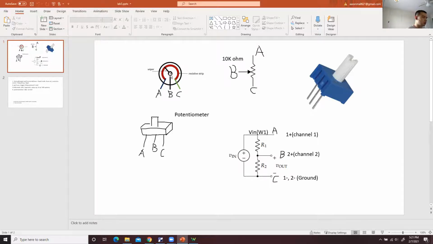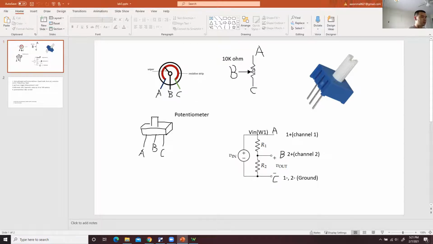Or if I turn my little knob to the most right side, the current goes from pin A, through all the resistor strip like this, and then goes back to pin B. In that case, your resistance will be like 10K ohm.